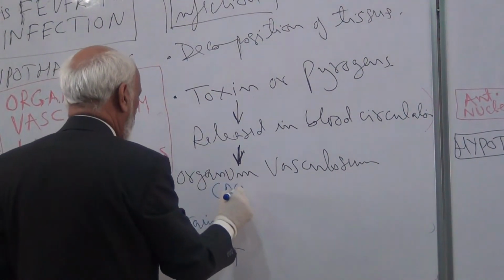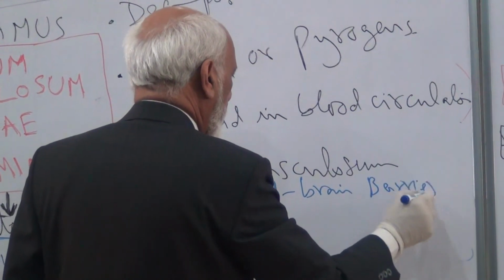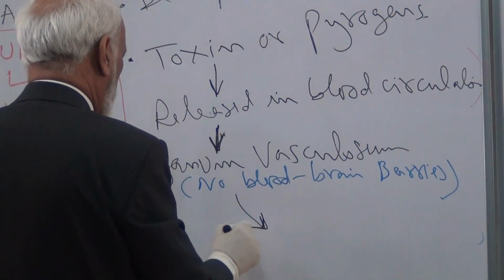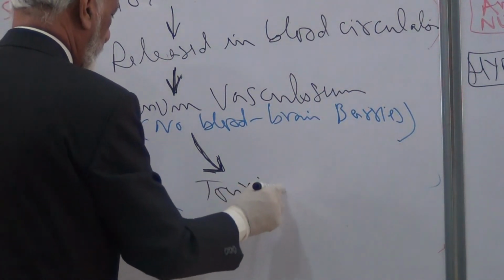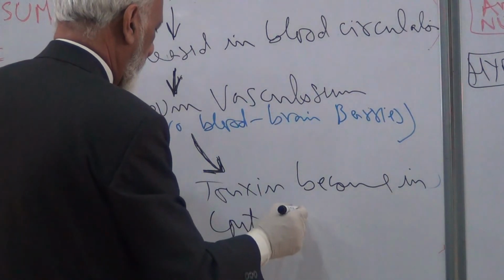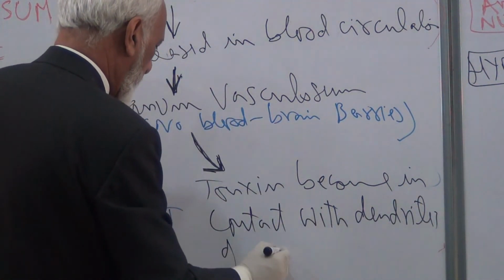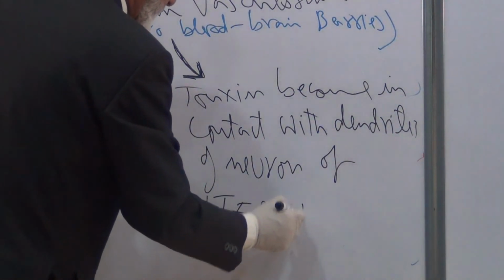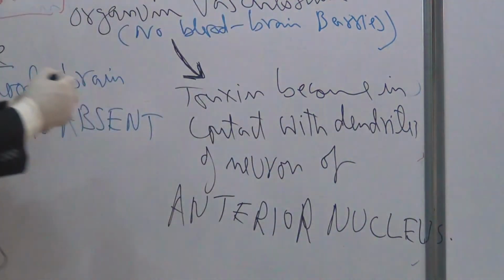And as there is no blood-brain barrier in the organum vasculosum, these toxins become in contact with the dendrites of the neurons of the anterior nucleus of the hypothalamus.